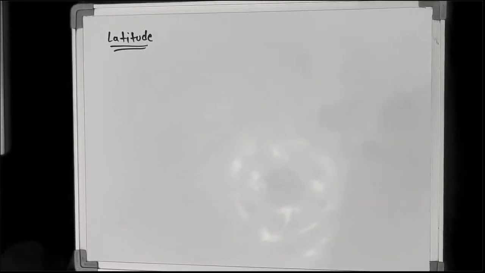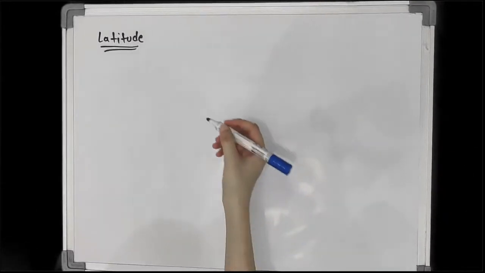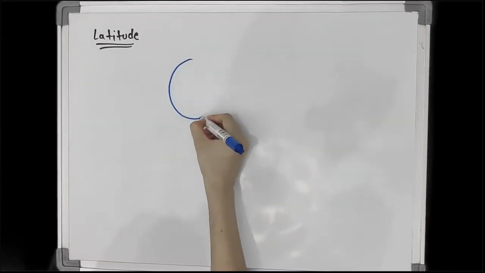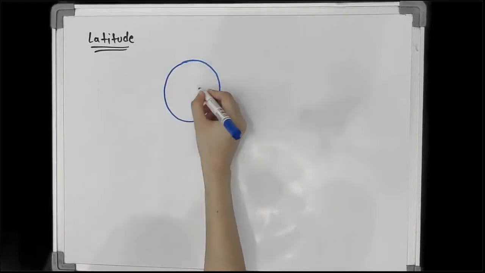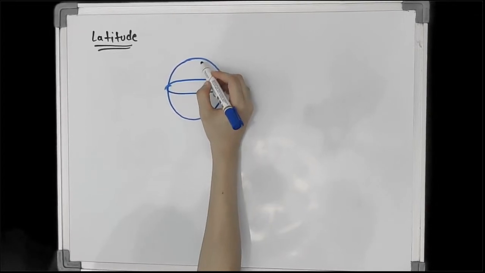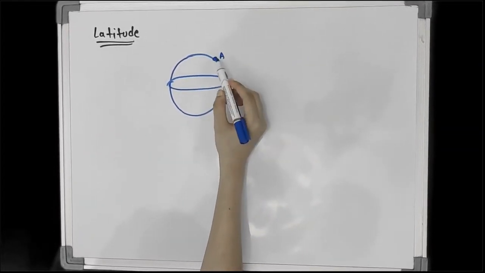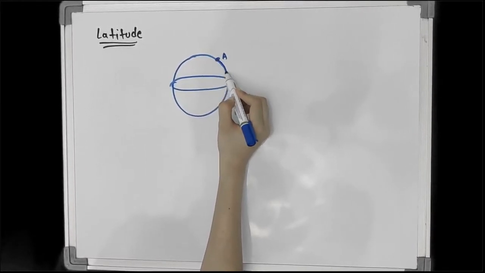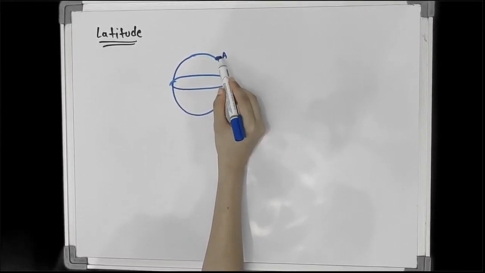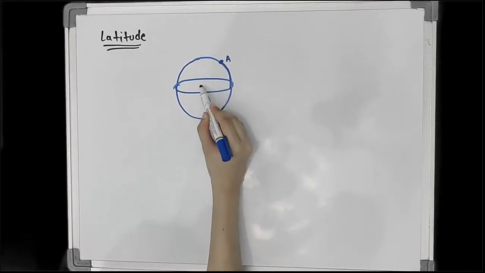Let us talk about latitude. The arc measured along the meridian through the point from the equator to the point is called latitude. So latitude of any point A will be the arc or the angular distance which is measured along the meridian through the point from the equator.